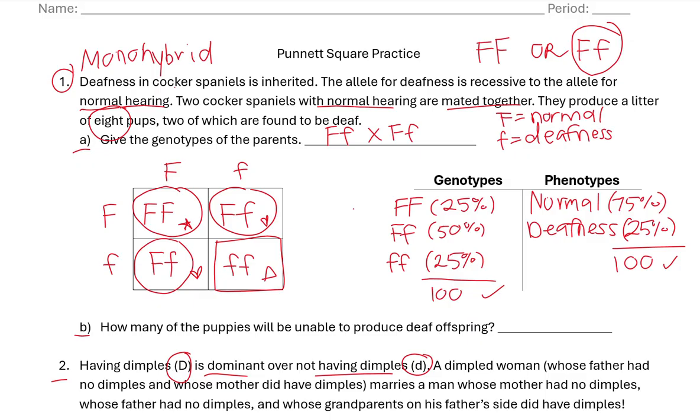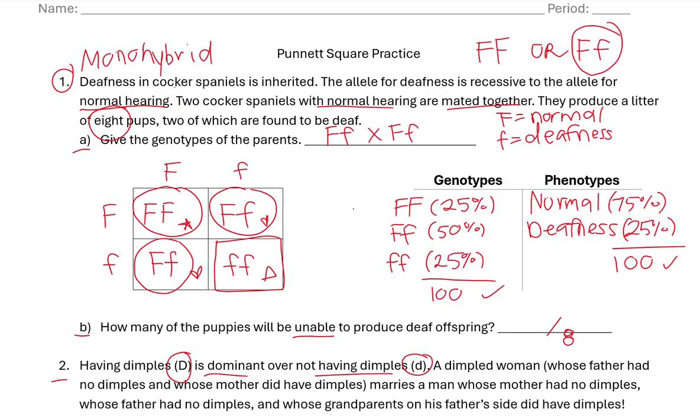So how many out of the 8 will be unable to produce deaf offspring? Okay, so I'm going to switch it up and ask, how would you be able to produce deaf offspring? Well, to produce deaf offspring, you would either have to be a carrier or present the deaf phenotype.